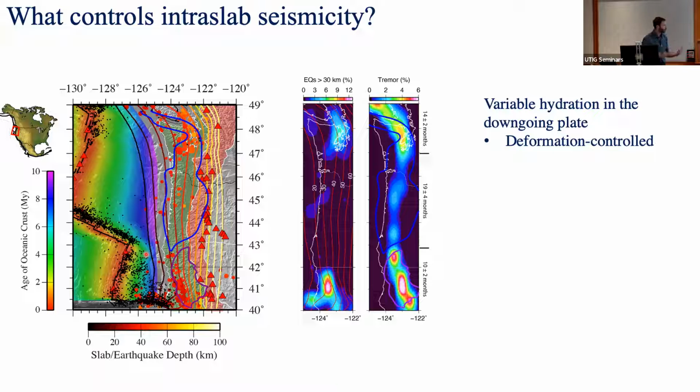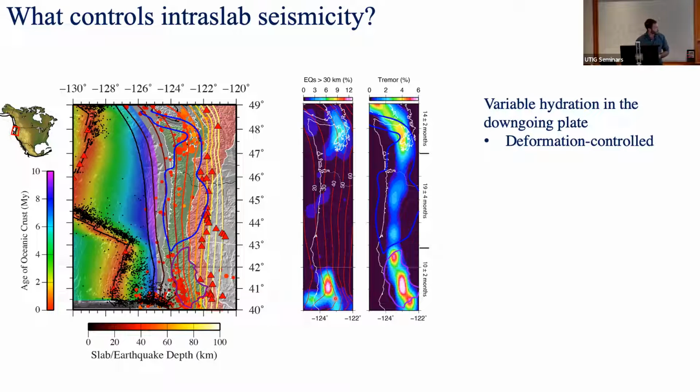We see that the Gorda segment seems like it hosts a lot, well, it does host a lot of earthquakes. If you use that as a proxy for deformation and therefore at least the creation of transient permeable pathways for these ocean fluids to percolate down into our oceanic lithosphere, we would expect this portion of the margin to be more hydrated.